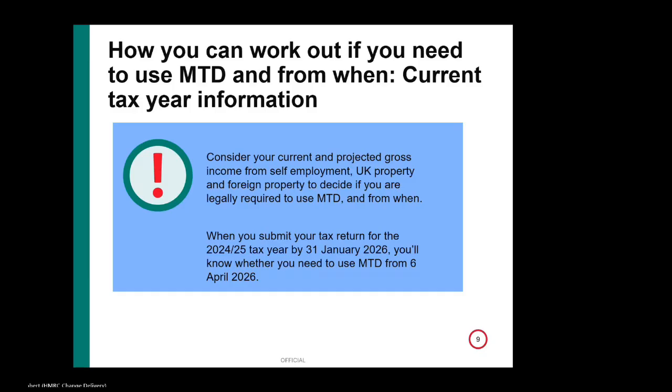Then, when you submit your tax return by the 31st of January, you'll know whether you need to use MTD. You will have already submitted your tax return for the 24-25 tax year by 31st of January 2026, so you should know whether you need to use MTD from the 6th of April 2026.